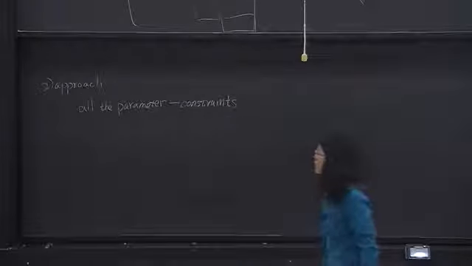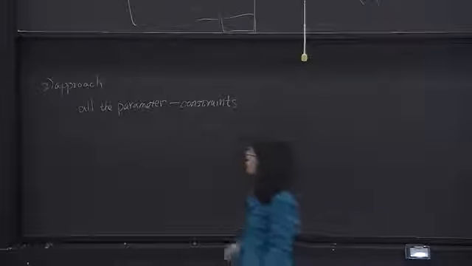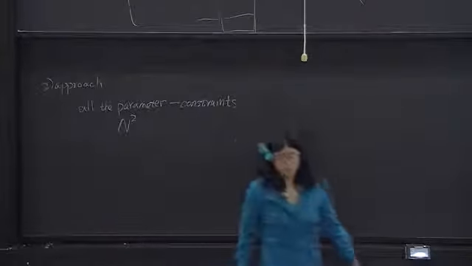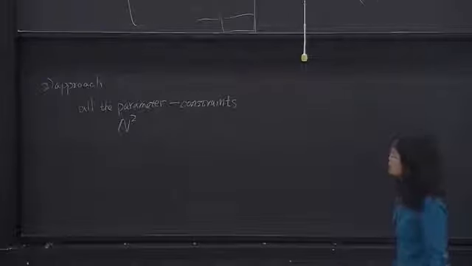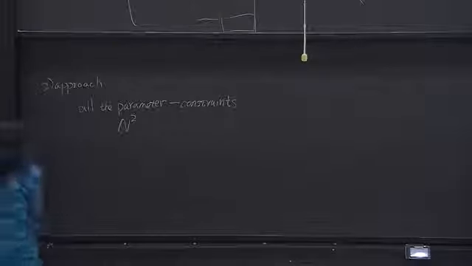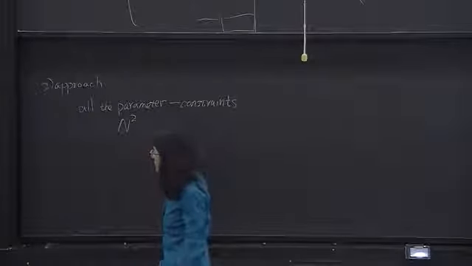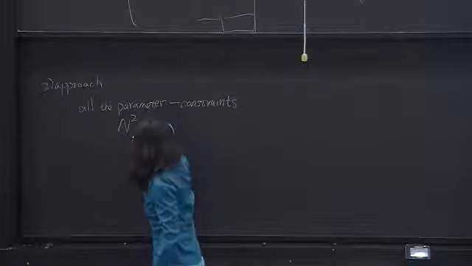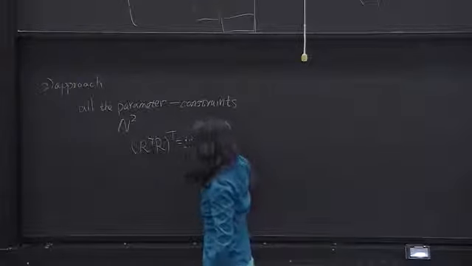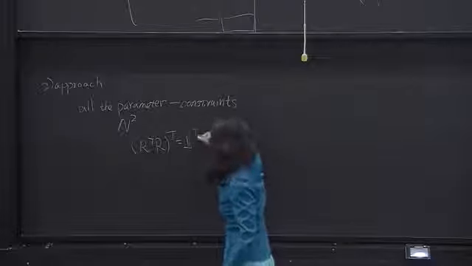Okay. So given an n by n matrix, I certainly have n square parameters before I put any constraint on it. And now I have a constraint. And this constraint is very interesting because I can transpose this constraint, and it gives me the same thing.